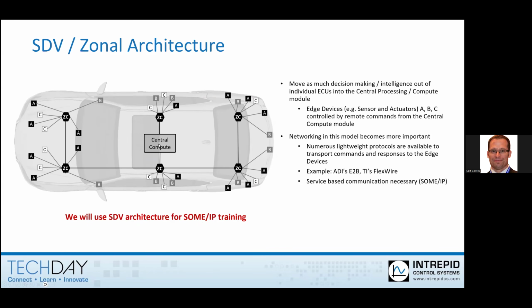And those decisions will be made in the central compute module, and the resulting outputs of those decisions will be transferred over the network. So essentially what we're talking about in the zonal or SDV architecture is a lot of remote control over a network of different actuators and sensors, and SOME/IP provides this capability really well.